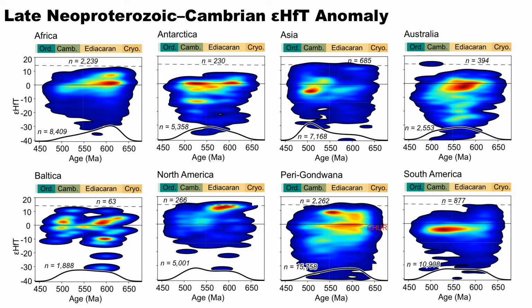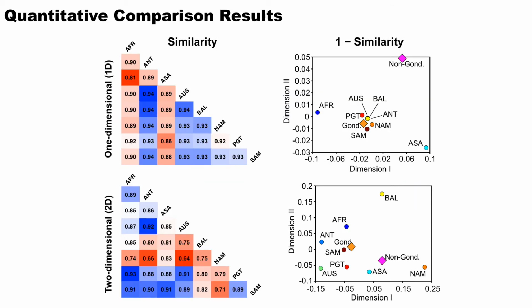Okay, so what I want to do now is quantitatively compare these different distributions both in one dimension and two-dimensional space and see how different the results end up. Okay, so here we have the results, one-dimensional comparisons on top and two-dimensional comparisons on bottom.